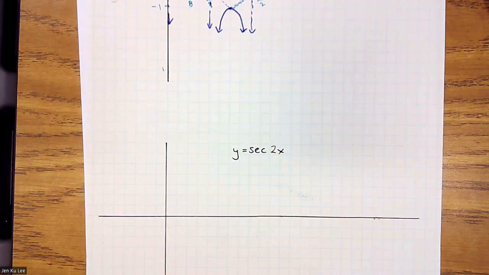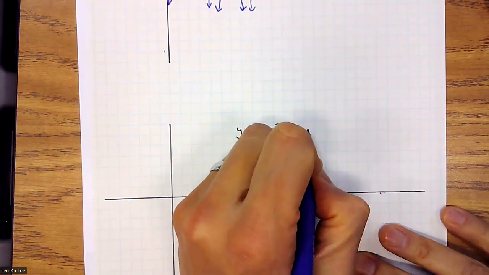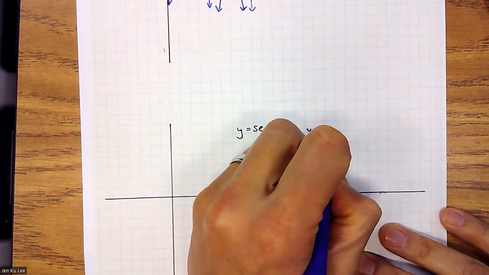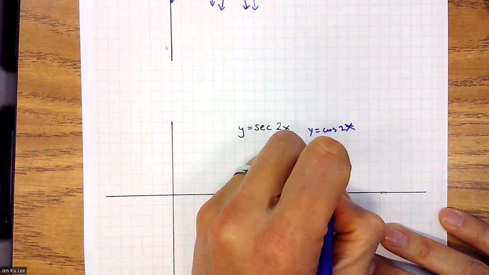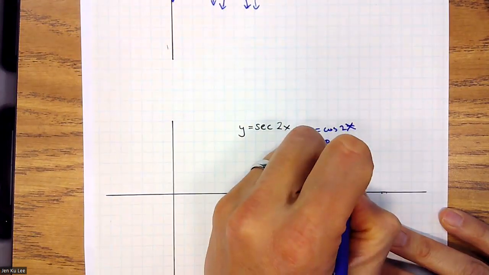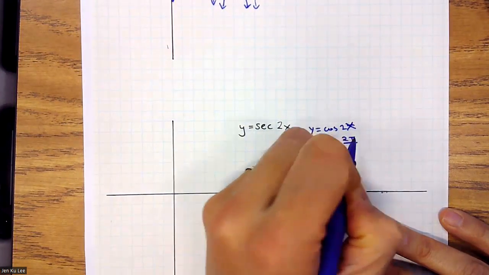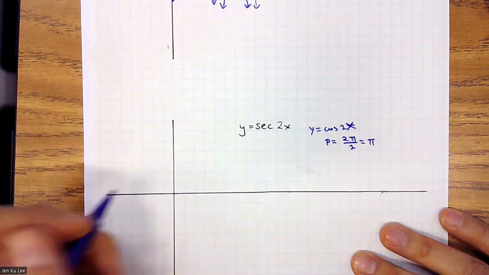So here too, right? I'm going to graph y equals cosine of 2x. So my period is going to be 2 pi over 2, which is pi.